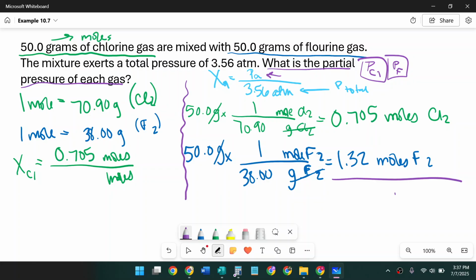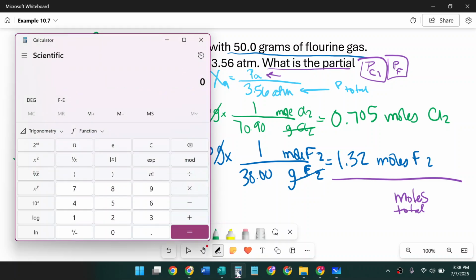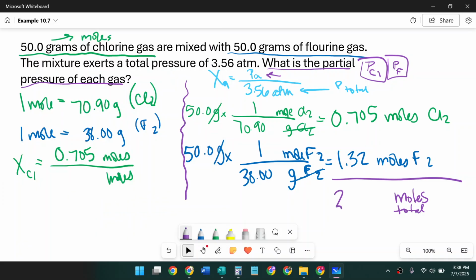To do that, we need to find the total number of moles because we don't have anything to put on the bottom yet. Because we're going to add, and the 1.32 ends in the hundredths place, our answer when we add those is going to have to end in the hundredths place to keep up with our significant figures rule. All right, so our total is 2.03. So that's our total moles.